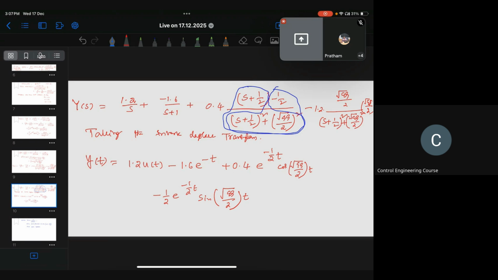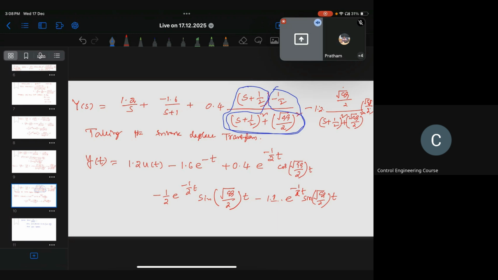Then minus the other one, 0.6 multiplication of these two, e power minus 1 by 2t sine root 99 by 2t. Oh sorry, this constant is going to be minus 1.1. So this is the final expression.